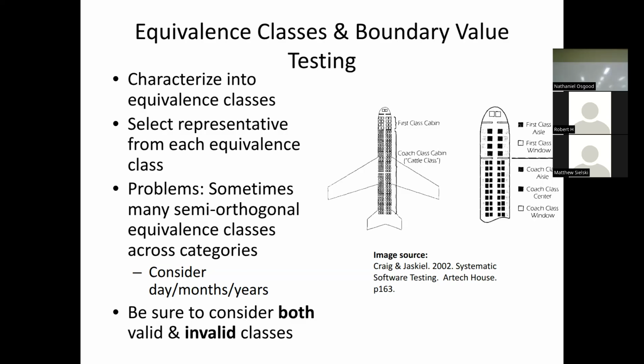but they might be restricted to other classes of seats too. So it's a bit subtle, but the point is, it's not that you go through and test every possible seat here in the entire coach class. To at least have face plausibility, you're going to test at least one representative of an equivalence class, like a first class aisle, a first class window, a coach class aisle, coach class window, coach class middle seat, not in an exit row, and then in an exit row, maybe middle, aisle, window.